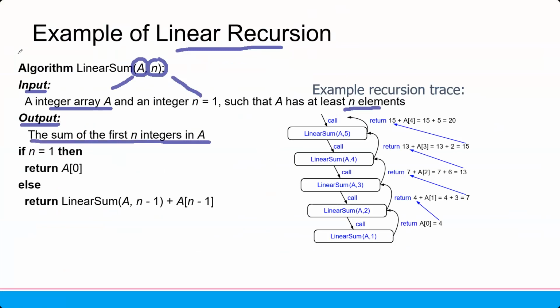Okay, so in the algorithm, you will have input and output. If N equals 1, then return A[0], so I want to get A at index 0. If not, then do the linear sum given the array A and N minus 1.